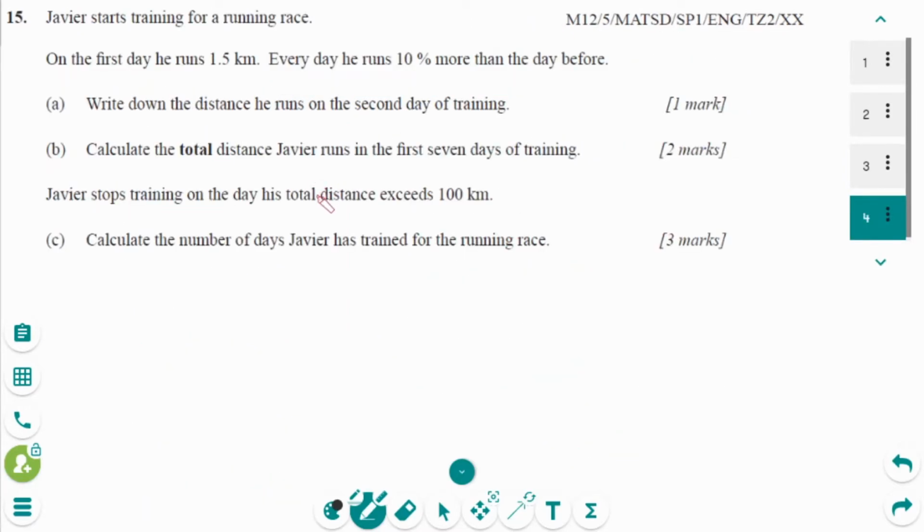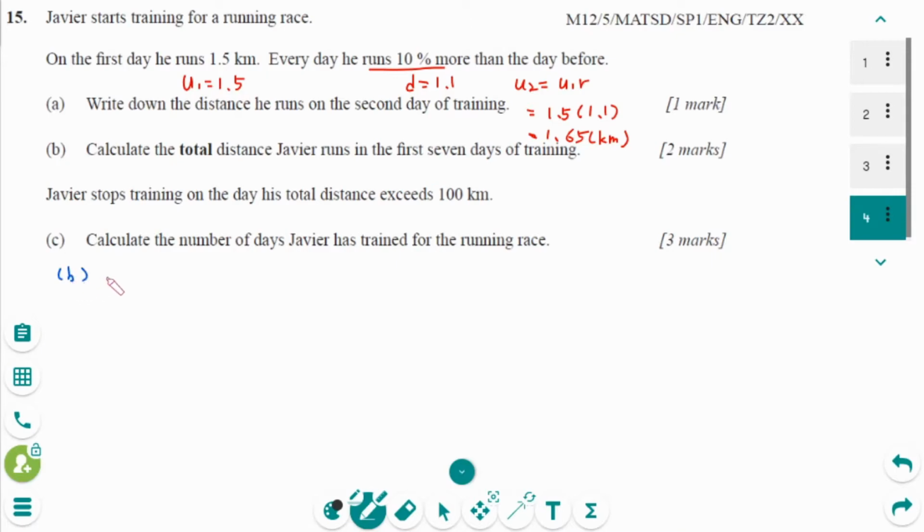This is the May 2012 paper 1 studies question, number 15. U1 equals 1.5. The common ratio r equals 1.1. Number A. U2 equals U1 times r. So U2 equals 1.5 times 1.1, which is 1.65 kilometers.